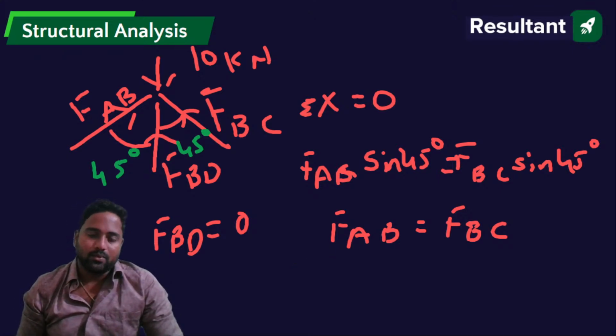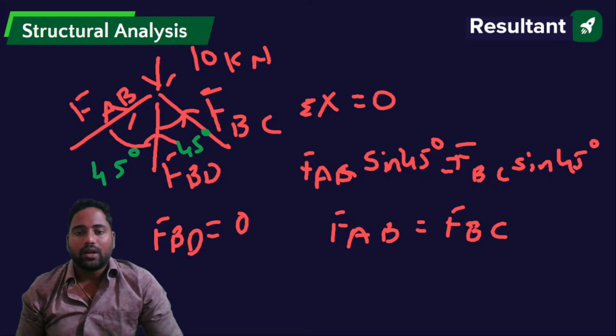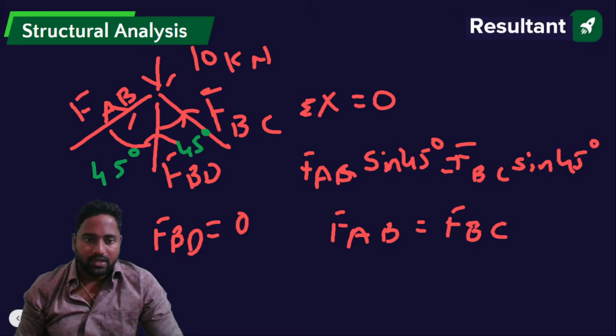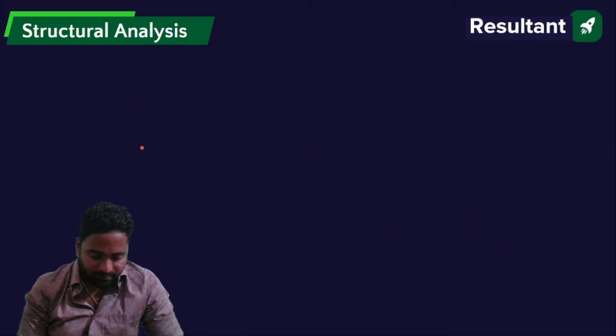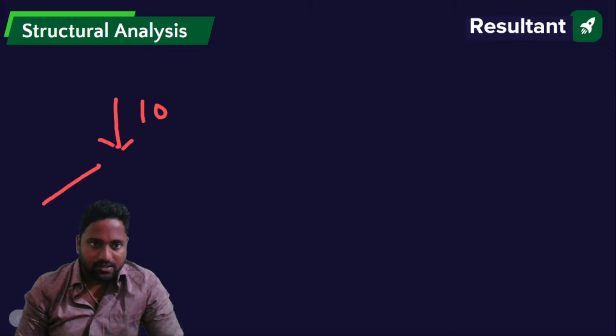This is one equation. Now what I have to do is take the summation of forces in y direction equals 0. I have to erase everything once again. Fine, it's okay. So once again I'll draw it for the summation of forces in y direction. This is 10 kilonewtons, this is FAB and this is FBC.